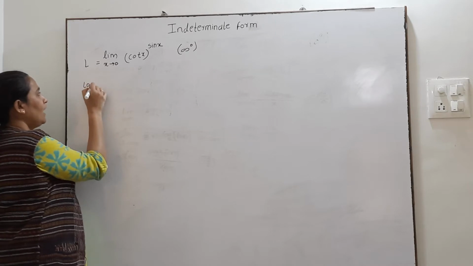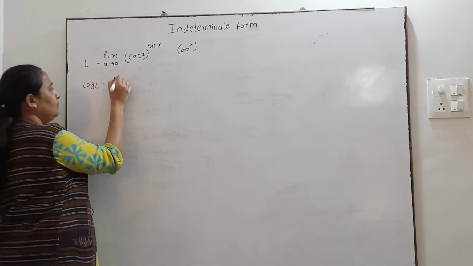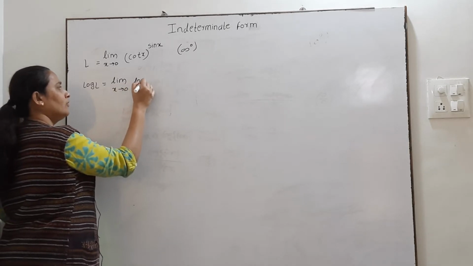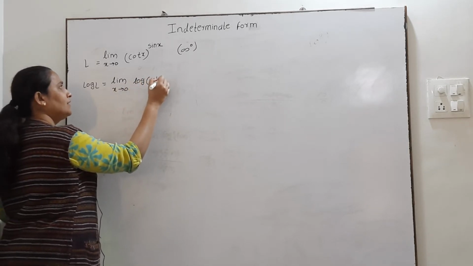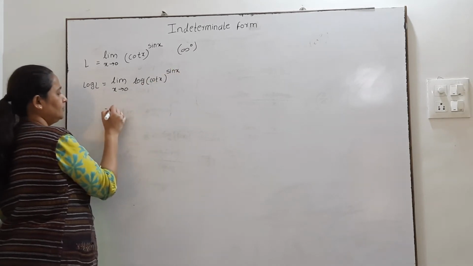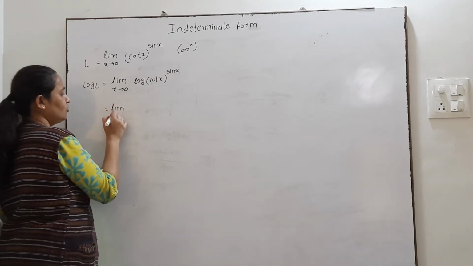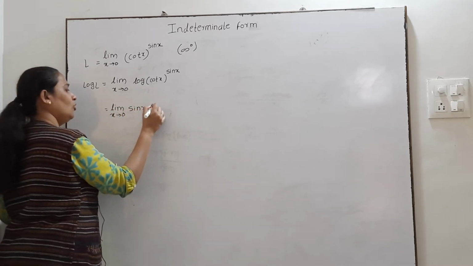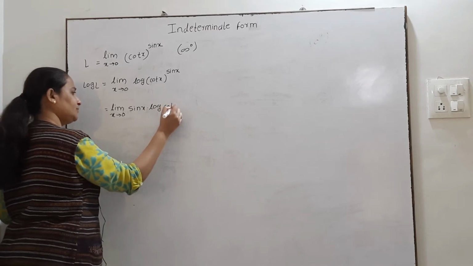You will get log L is equal to limit x tends to 0 of log of cot x raised to sin x. Apply rules of logarithm. You will get limit x tends to 0 of sin x into log of cot x.